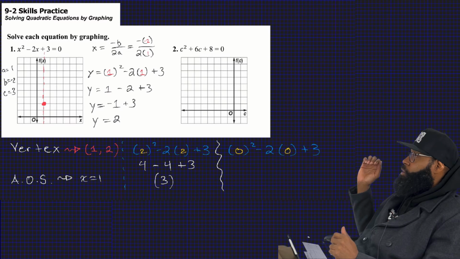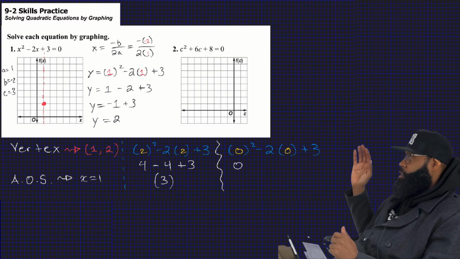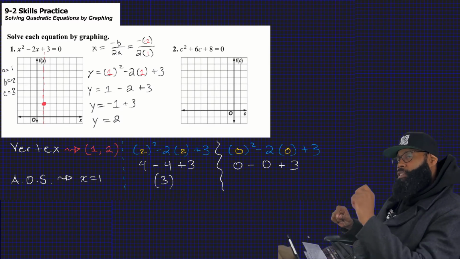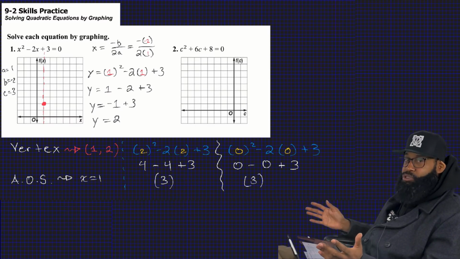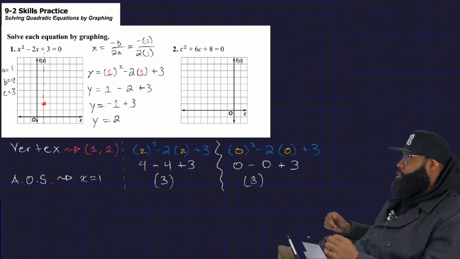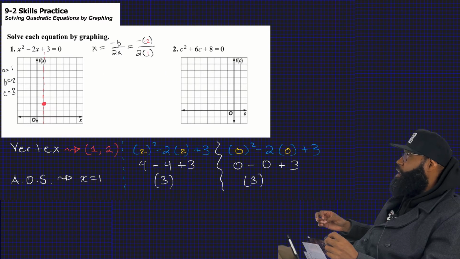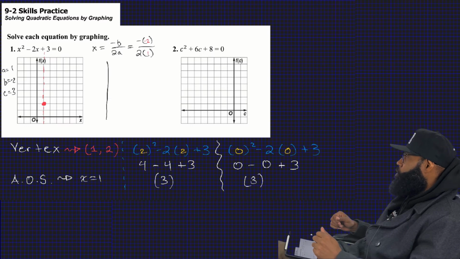If 1 is the axis of symmetry, what about 2, the next whole number next to it, and then of course 0, right? The unit to the right and the unit to the left. That's all I'm doing, plugging in 0, plugging in 2. I'm choosing these values. And of course, nothing easier than 0. So there's my next value, and good, it is the same. That's that symmetry we're talking about.